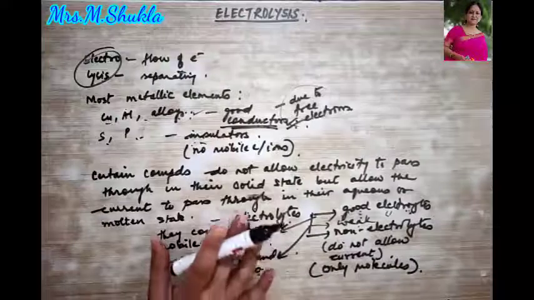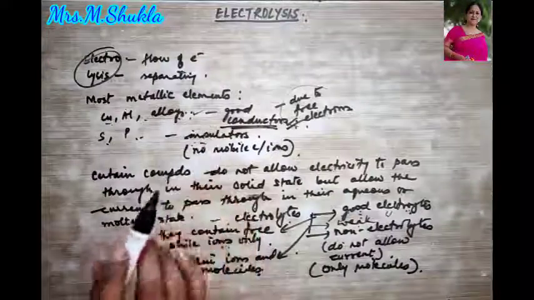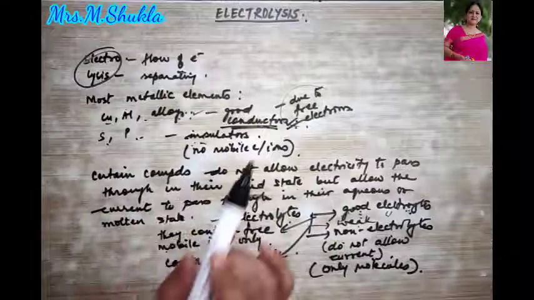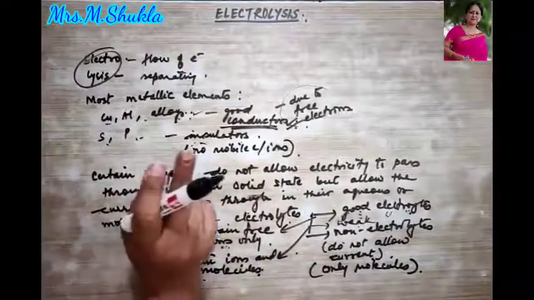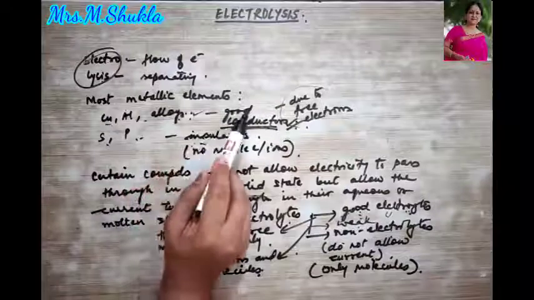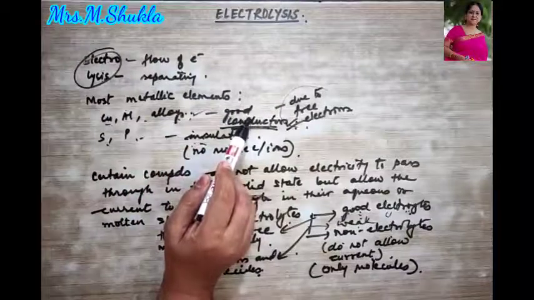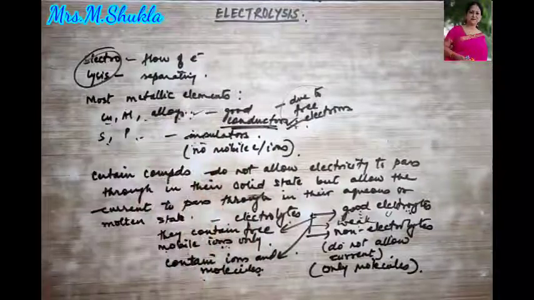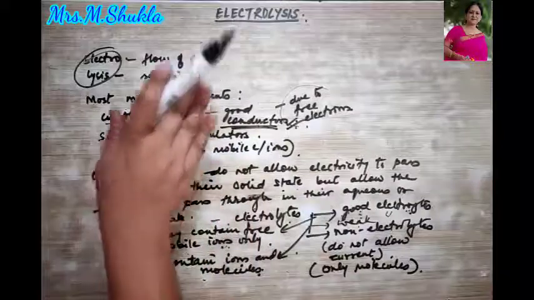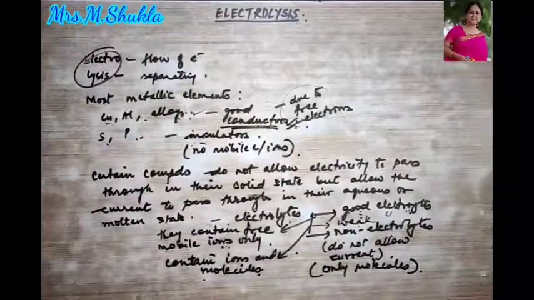Next, I want to also discuss some more points of difference between conductors and electrolytes. The first point: in conductors, the flow of current consists of only a single stream of electrons, flowing from the negative pole to the positive pole.